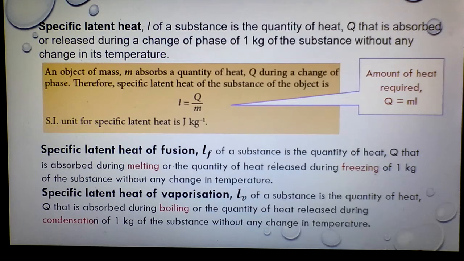So this is for the process of melting and freezing, and the name of the heat is latent heat of fusion. The specific latent heat of vaporization, lV, of a substance is the quantity of heat Q that is absorbed during boiling, or the quantity of heat released during condensation of 1 kg of substance without any change in temperature. So for the boiling and condensation process, the name of the heat is latent heat of vaporization.